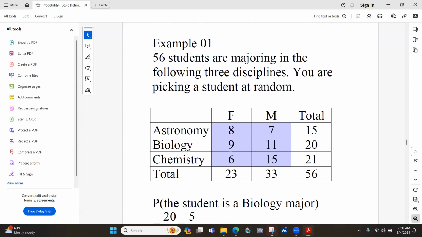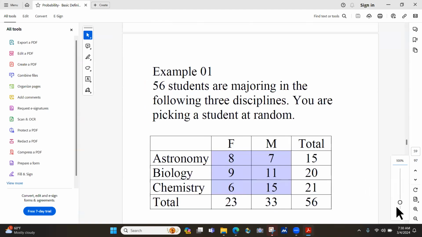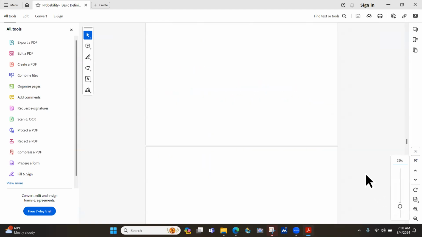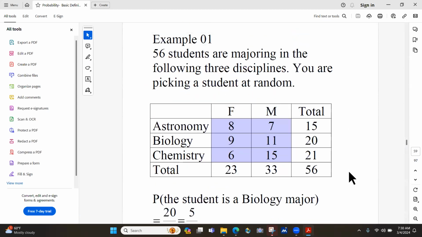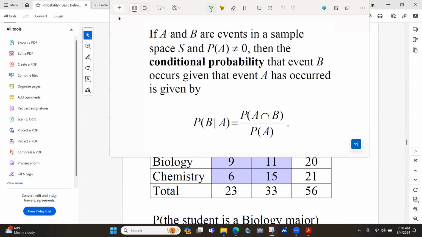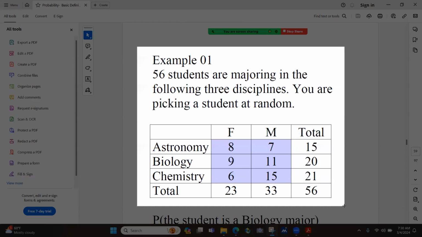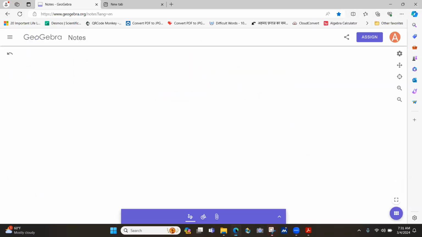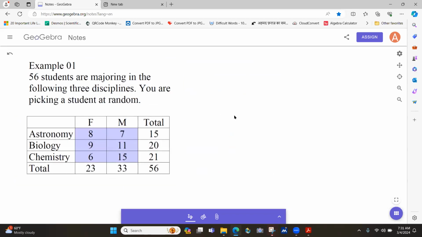Now we're going to do a couple of problems here. They're not that difficult. That's good news. So here is an example.